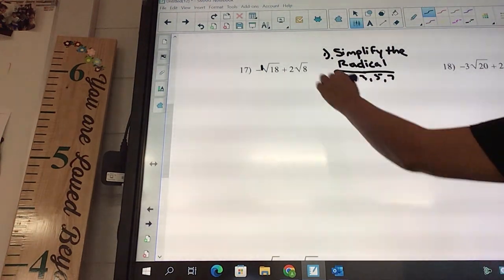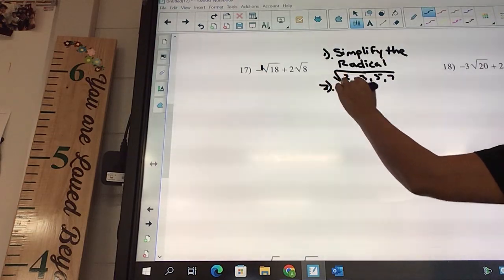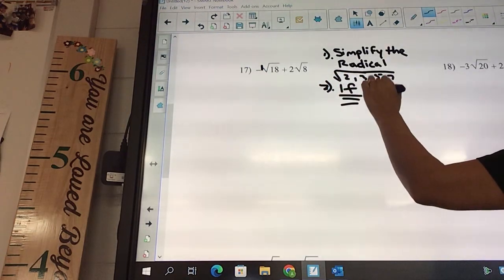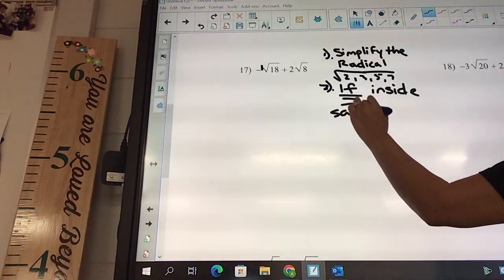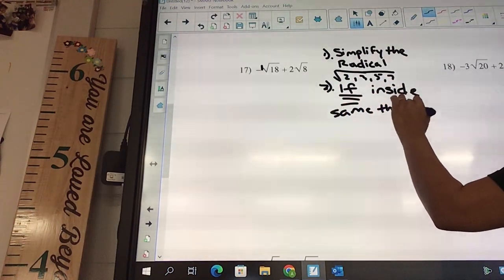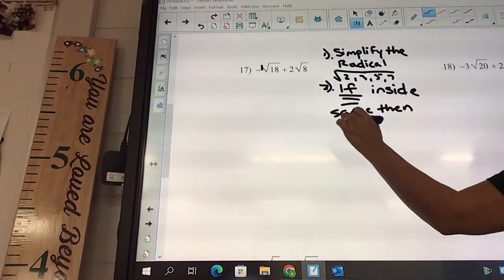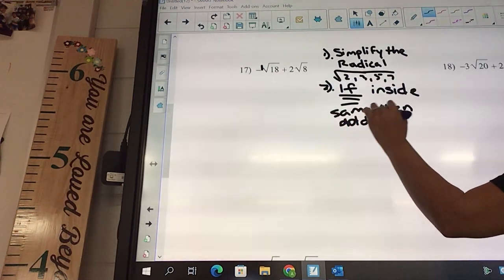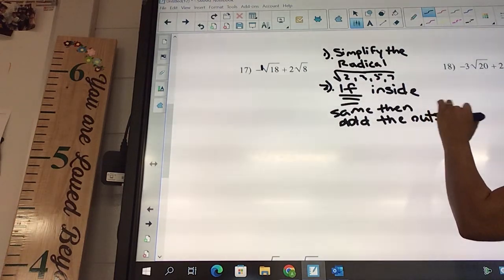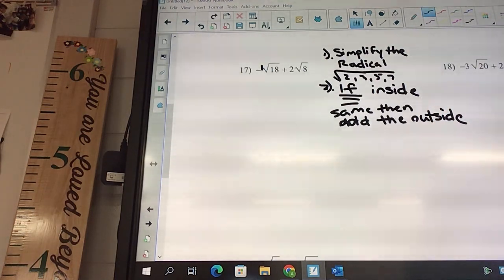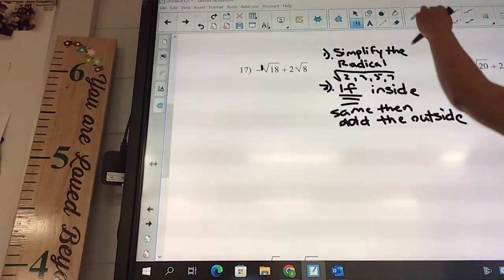Okay, and then if the insides are the same, then you can add the outside. Okay, if they're not, that means you cannot combine them. So if the insides are the same, you can add the outsides. Okay, so you kind of got to do these just in pieces.